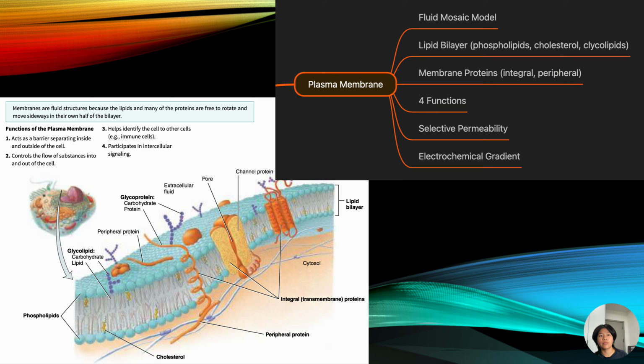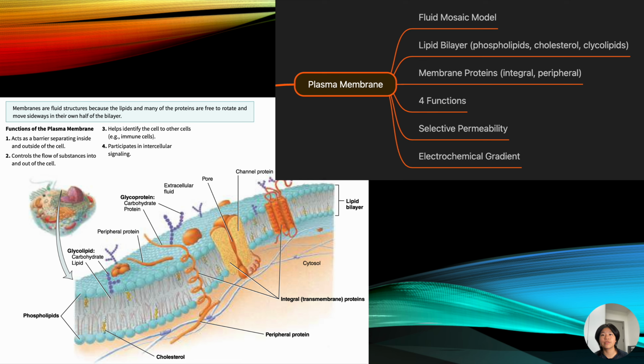So if it's a nonpolar molecule, it tends to hide in the middle of this bilayer, but if it has a more polar side, it might stick out of the membrane on one side. Then we have a lot of membrane proteins, as you can read here. First of all, let's distinguish between integral and peripheral proteins. So they are classified also based on their location in our lipid bilayer.